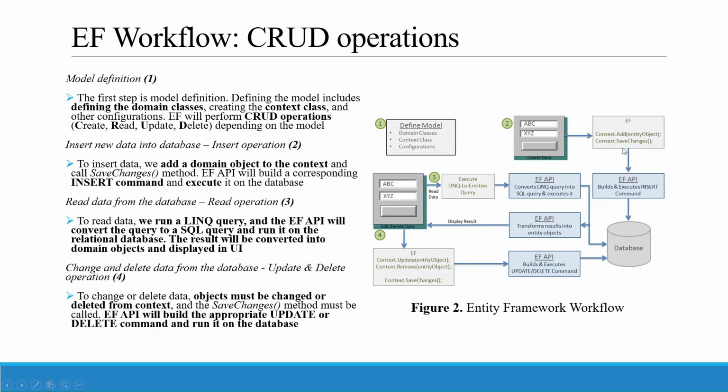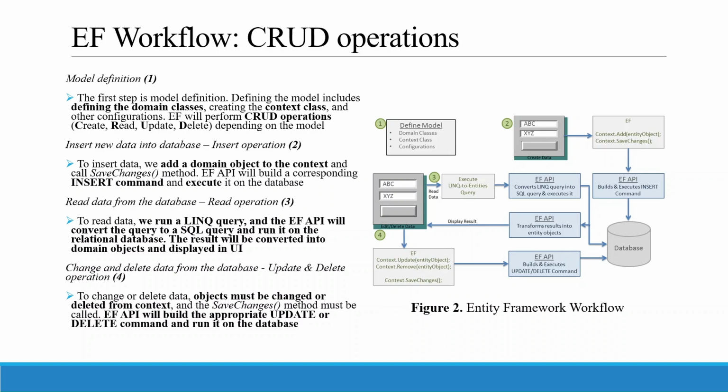When the user presses that button, actually, Entity Framework will make these 2 calls, okay? We have this add entity object. Entity object is actually an object that stores the information the user filled in the form, okay? So basically here we store the data that was entered by the user.